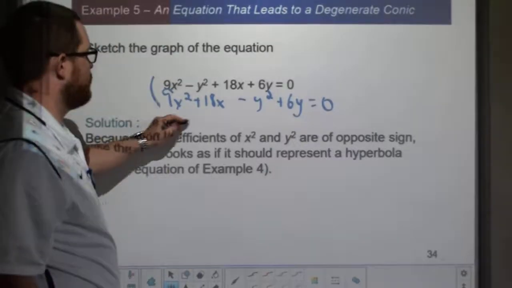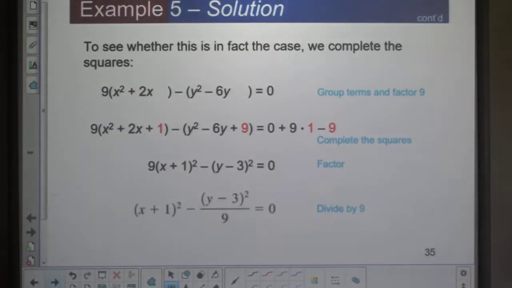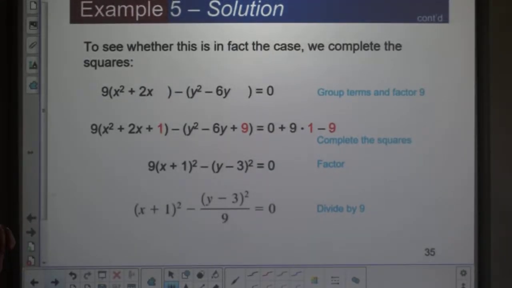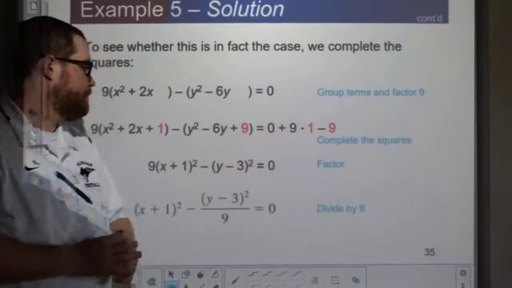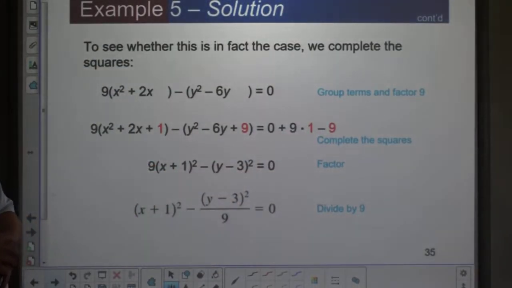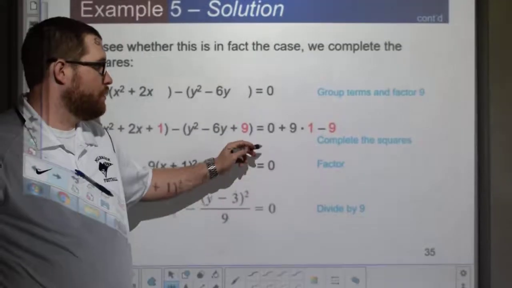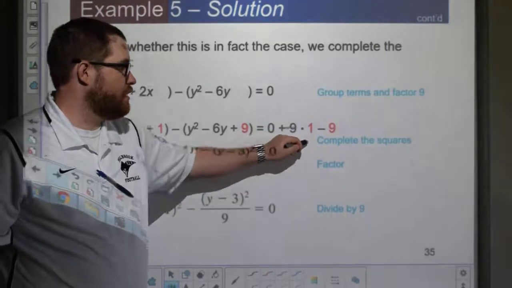And I'm going to complete the square. Pull the 9 out of the first one, pull the negative 1 out of the second one, complete your square, and balance on the other side. If you do that, this becomes 9 times x plus 1 quantity squared minus y minus 3 quantity squared, but it's still equal to 0 because these two things canceled out.